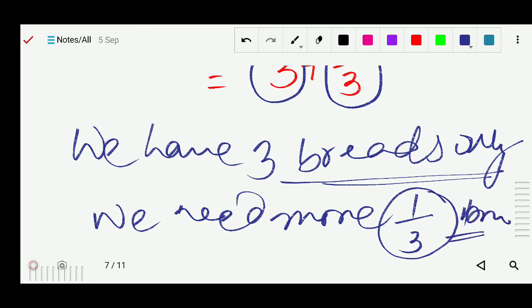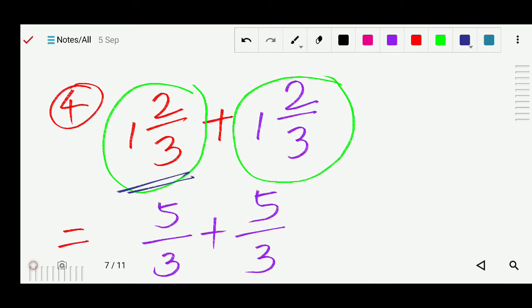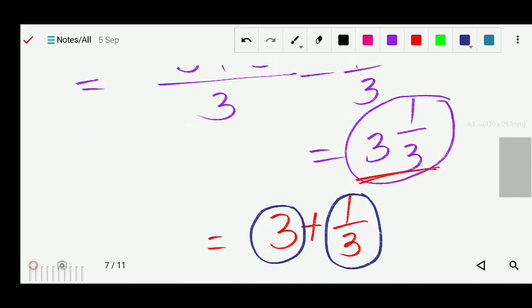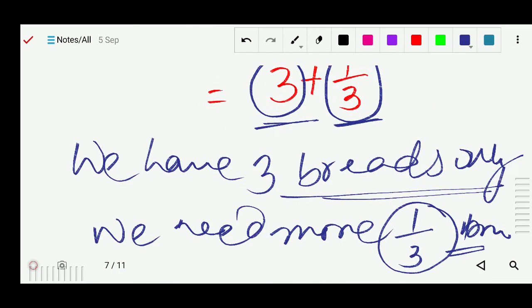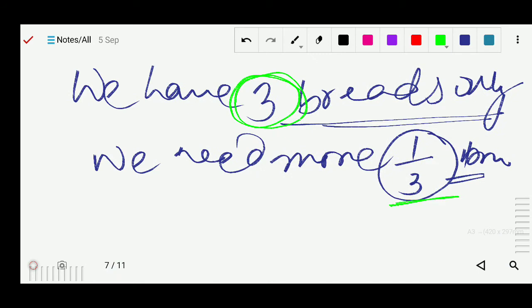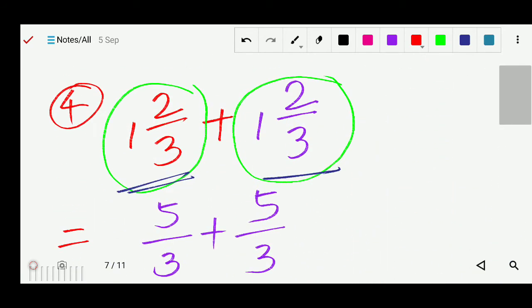That is required, because if we eat 2 times with 1 and 2 by 3 each, we need 3 breads and 1 by 3. But we have only 3 breads, and this much more is also required. So if we have only 3 breads, it will not be enough. Got it? So this is your solution of question number 4.